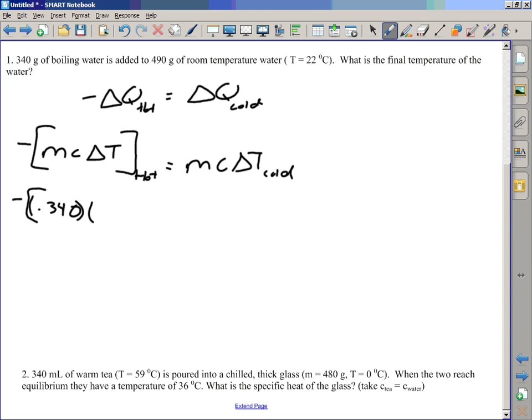They'll divide out. Now, if you need a C, the C of water is always going to be 4.18 times 10 to the third joules per kilogram Kelvin. That's given to you in your book. It would be good to have that in your head. We'll divide it out, so I'm just going to leave in C right now.